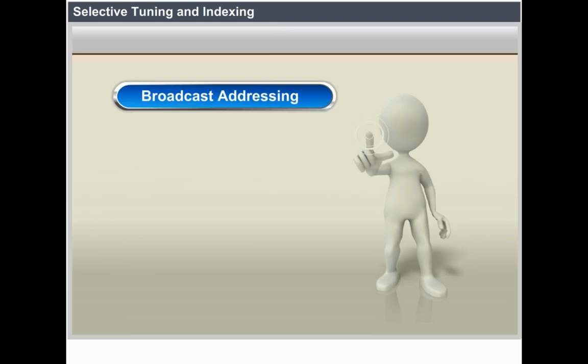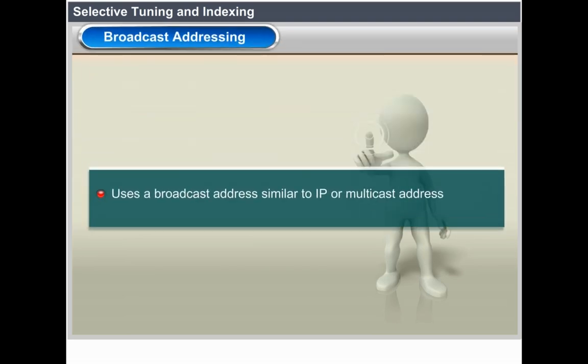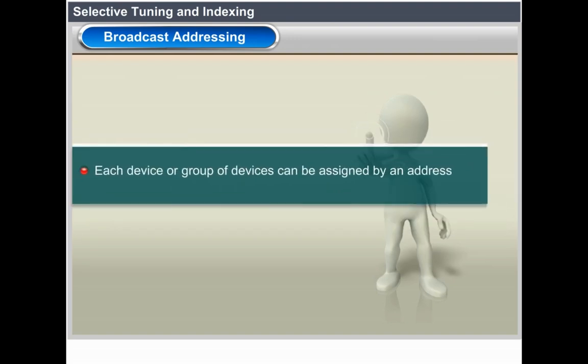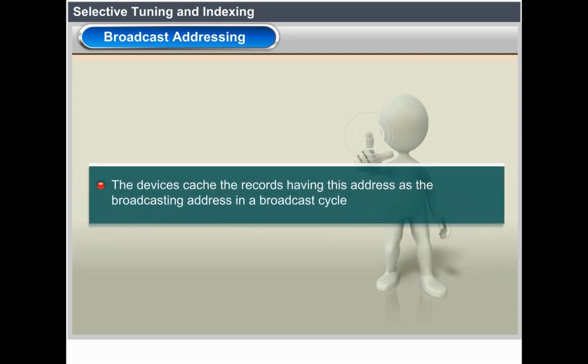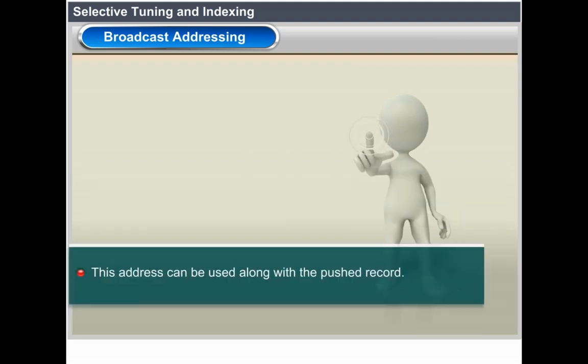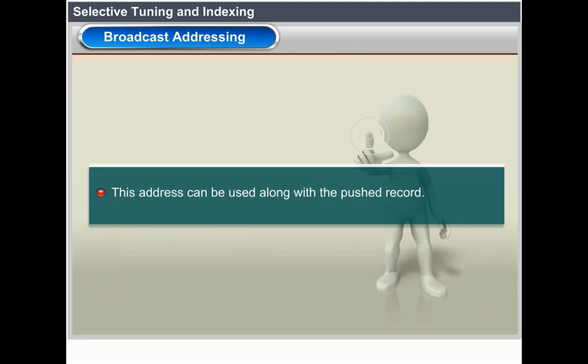Broadcast addressing uses a broadcast address similar to an IP or multicast address. Each device or group of devices can be assigned an address. The devices cache the records which have this address as the broadcasting address in a broadcast cycle. This address can be used along with the pushed record.